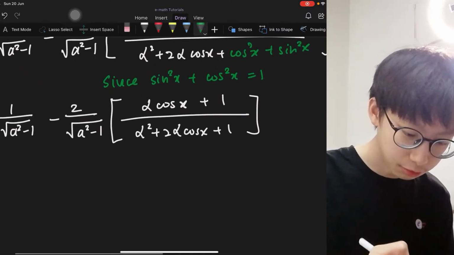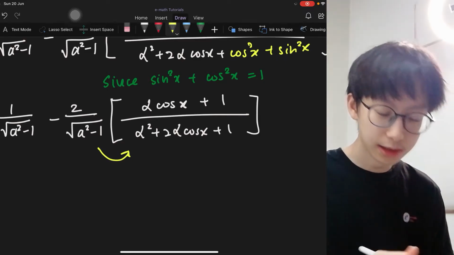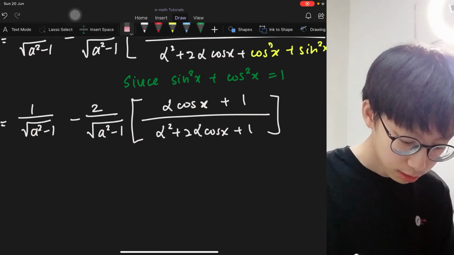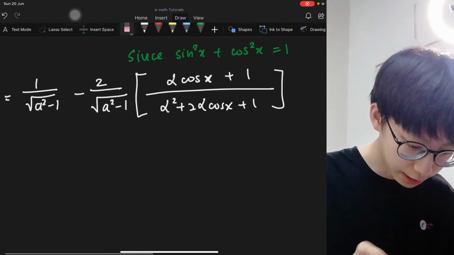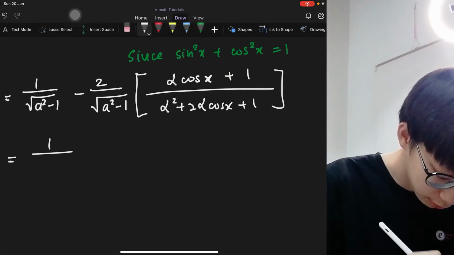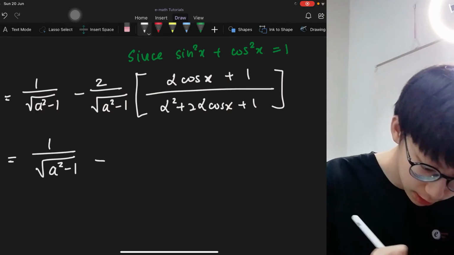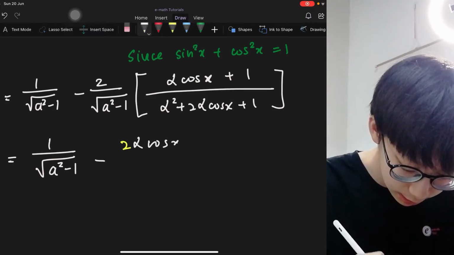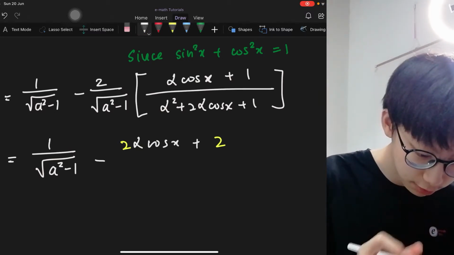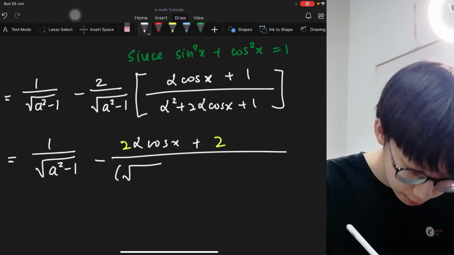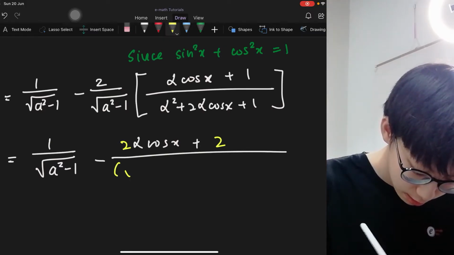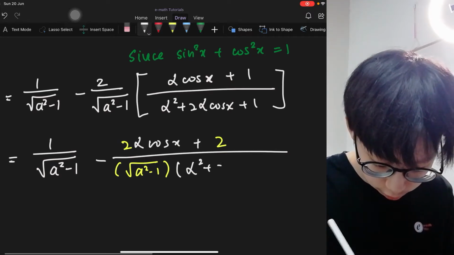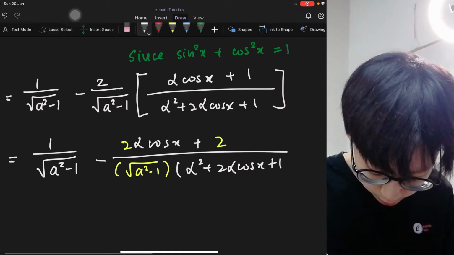Now I want to distribute this one into the square bracket and I want to combine the two terms. So we do it slowly, step by step: minus, you distribute the 2, you get 2 alpha cos x plus 2, and this one I will just leave outside, a squared minus 1, then alpha squared plus 2 alpha cos x plus 1.